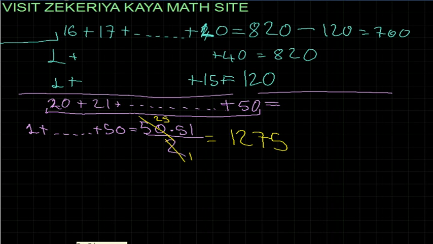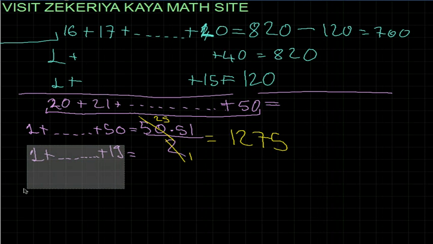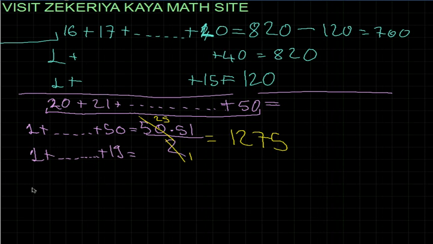From this bigger sum, I need to subtract the previous part. So which part is the previous? These numbers are starting from 20, so those previous parts must start from 1 and go until 19.